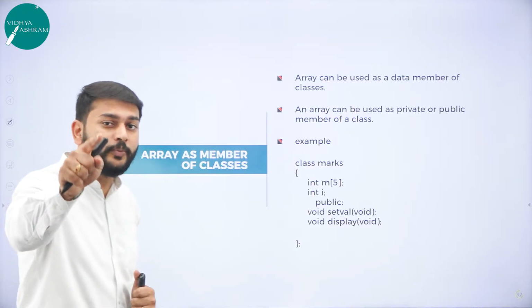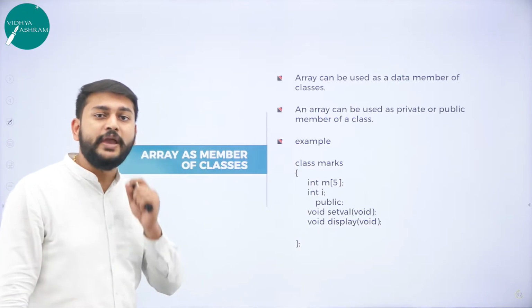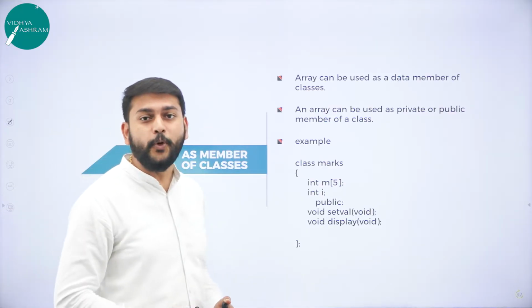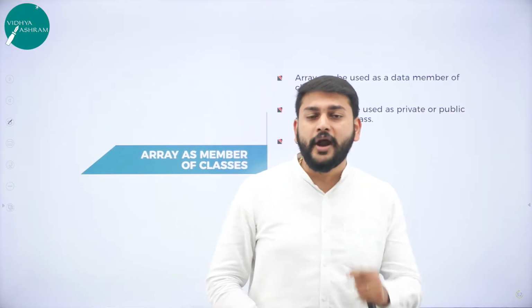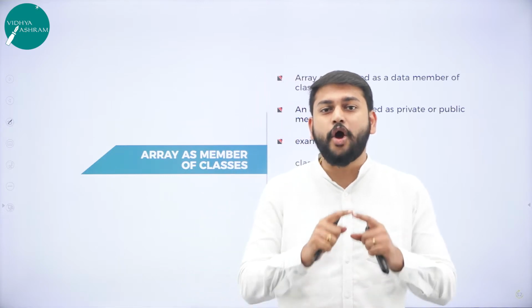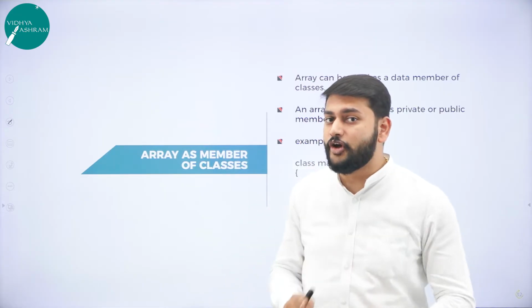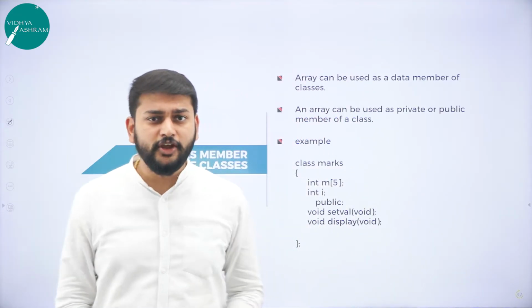You need to remember one more thing. You should know the basics of arrays before I start discussing this. What is the basics of array? My dear students, an array is an ordered collection of elements of the same type. What is the meaning of it?